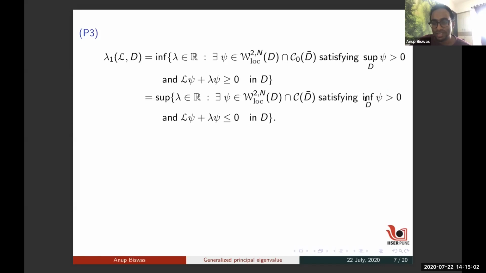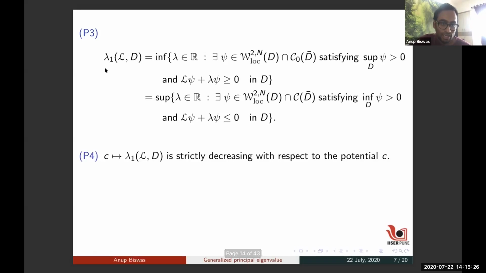In previous definitions, I had psi positive inside D. It can vanish at the boundary, but here I want it to be positive at the boundary too. Even if you take the supremum over that class, it all agrees with lambda 1. So you can say that these are other possible definitions of lambda 1, and all three definitions coincide.